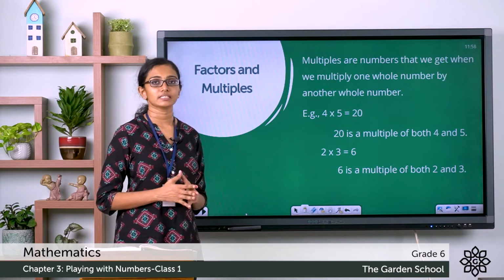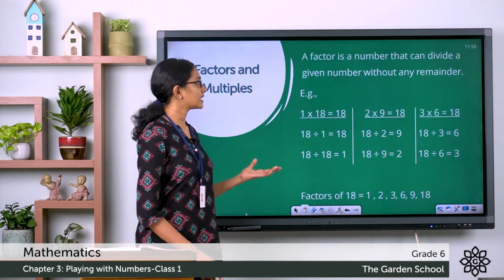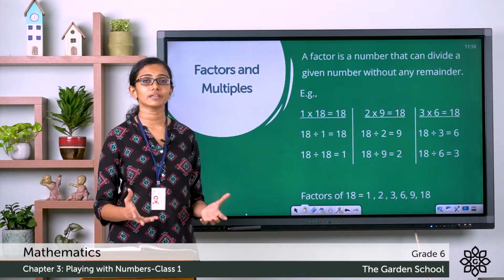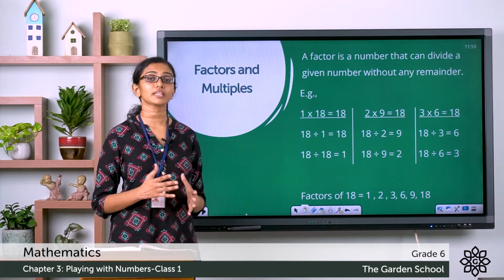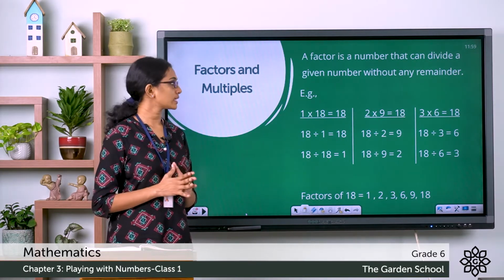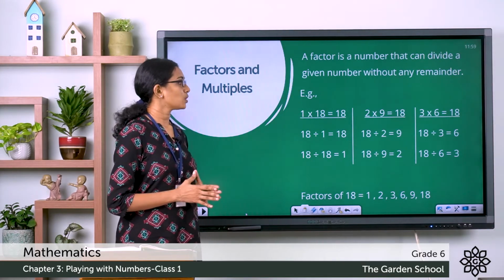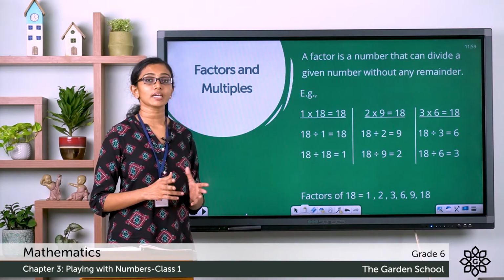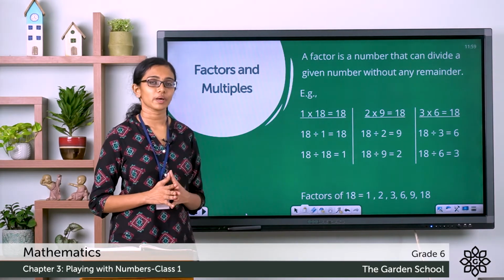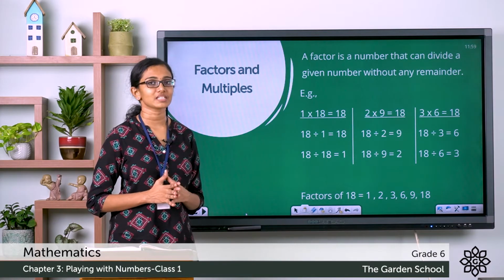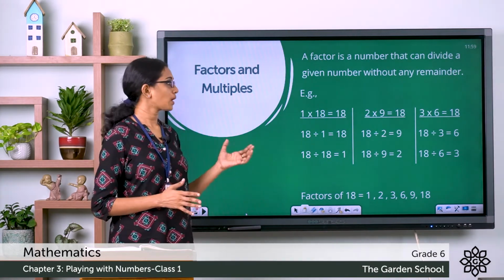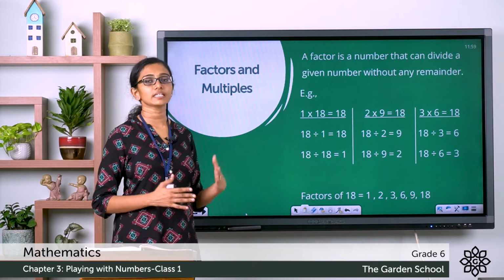Now what are factors? A factor is a number that can divide a given number completely without any remainder. For example, here for obtaining the number 18, we can multiply different combinations of numbers. Which are those numbers? 18 can be 1 into 18 or 18 into 1.